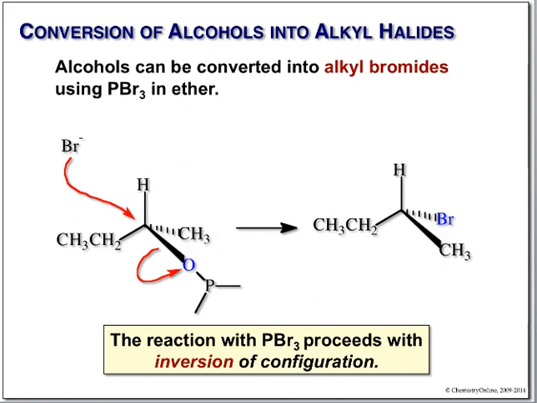If this is R, this is S. Things to remember. The reaction with PBr3 with a chiral compound is going to give you inversion of configuration.